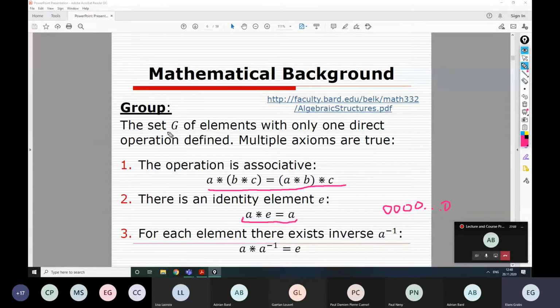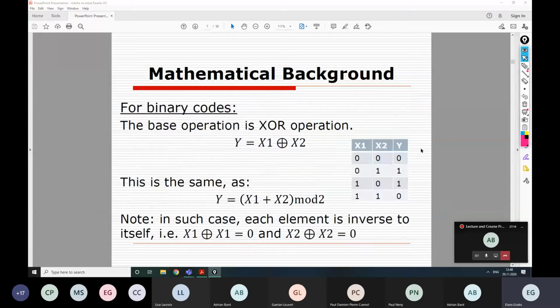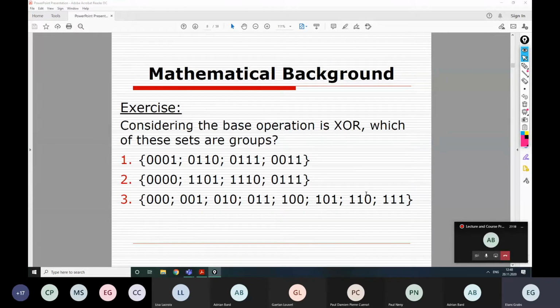And we need to make sure that there is no way that after adding two numbers of this set, we get something that is outside of this set. So this way, it's quite simple to make this group. For example, let's see these three cases and check which of these are groups and which are not.